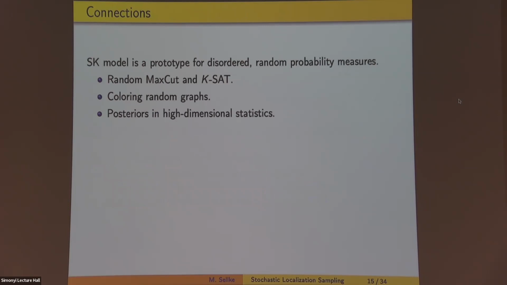This model is not an isolated point in the space of models. There are a lot of other related models, like random max cut and random k-SAT, that are expected, but maybe less successfully proved so far, to exhibit similar behaviors.